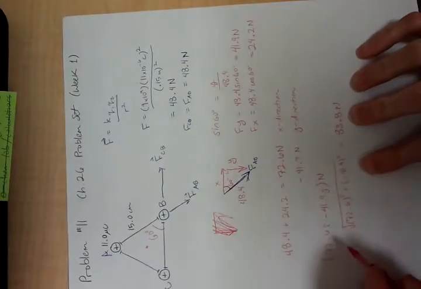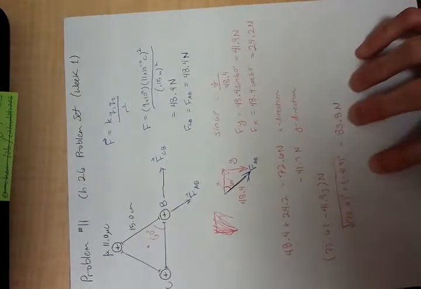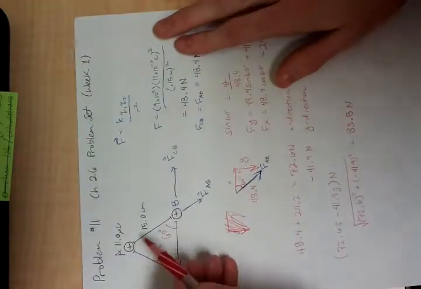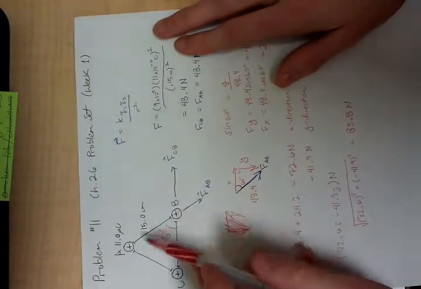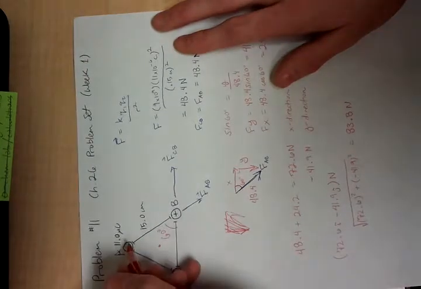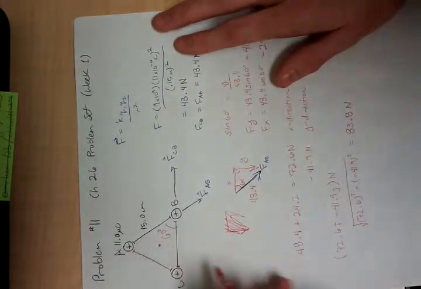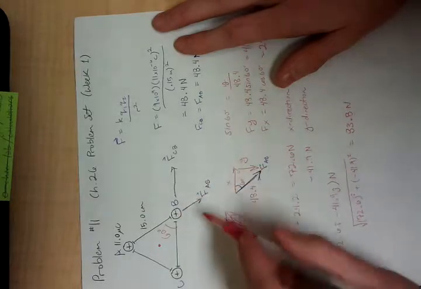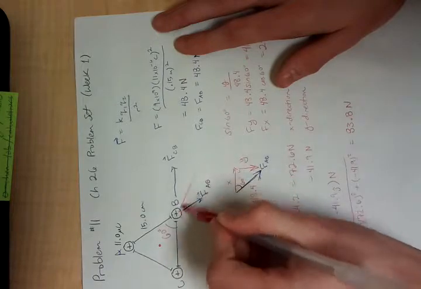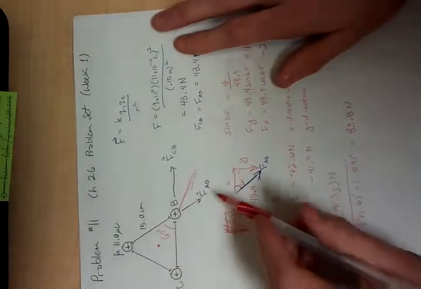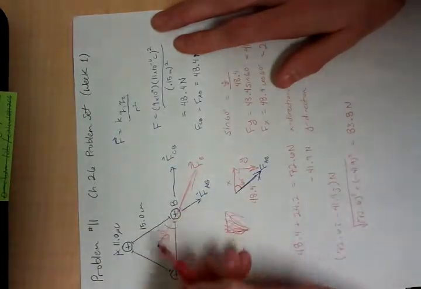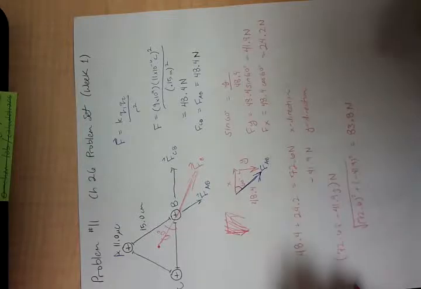Now the question also asks us to determine the direction that the force is acting on each particle. When we look at particle B, we have the forces from A and C, both equidistant from particle B at 15 centimeters, both with the same repulsive force from 11 microcoulomb charges. So the overall force from C on B and A on B gives us a direction of the overall force on B going away from the center of the triangle formed by the three particles.